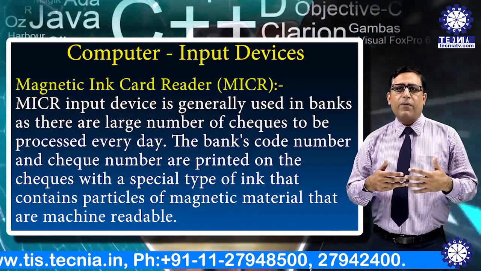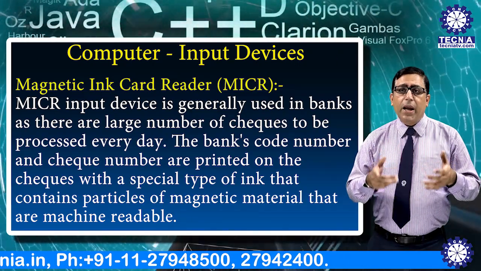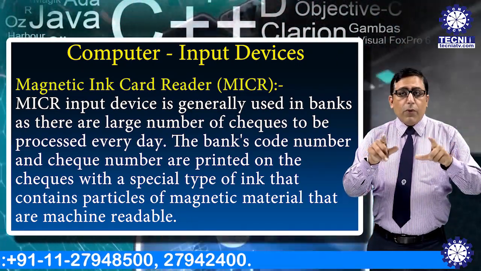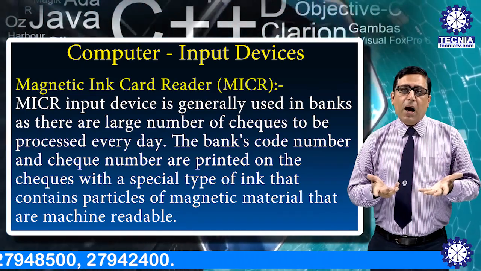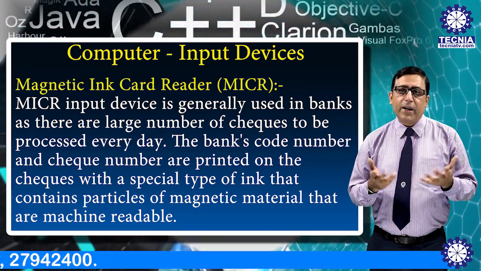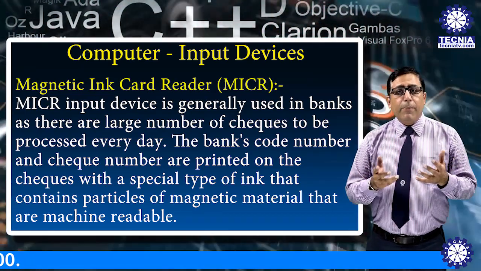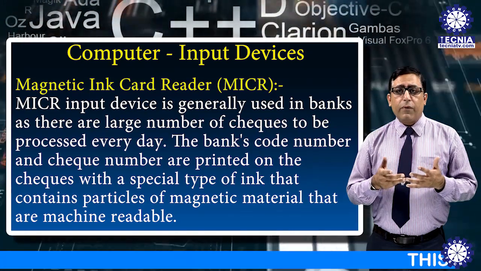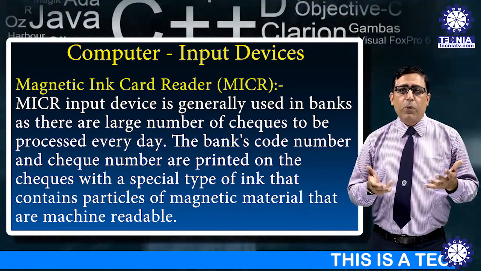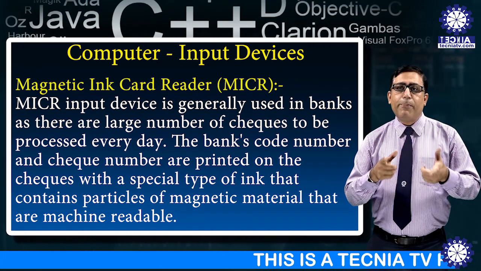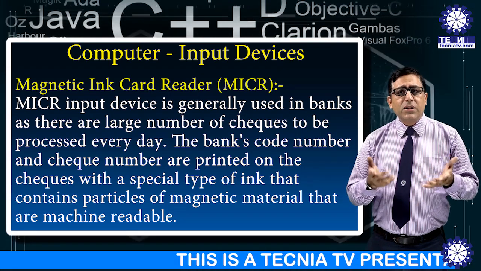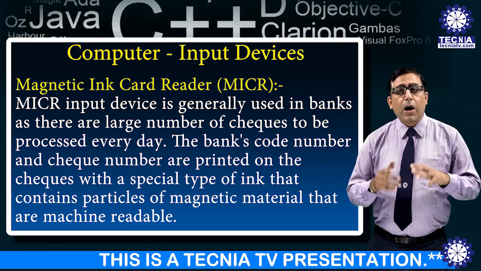the next input device, that is magnetic ink card reader. Now we are discussing what is the function of magnetic ink card reader. Magnetic ink card reader, or we can say MICR input device, is generally used in banks as there are a large number of checks to be processed every day.